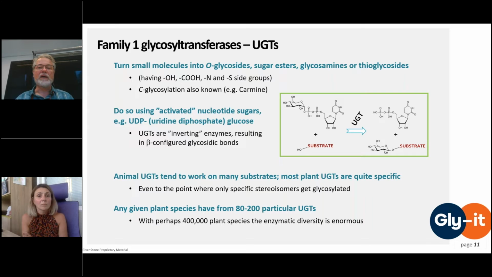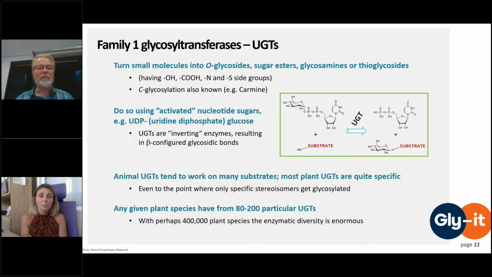They can make glycosamines if there are appropriate amino groups sticking out, and they can make thioglycosides if there are appropriate thiol side groups sticking out. They can even, in some cases, do what you could call permanent glycosylation, so C-glycosylation, a sugar sitting directly on a carbon, which will not fall out or be clipped away by any enzymes.